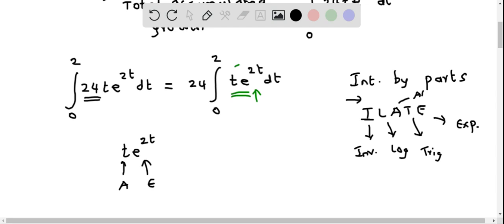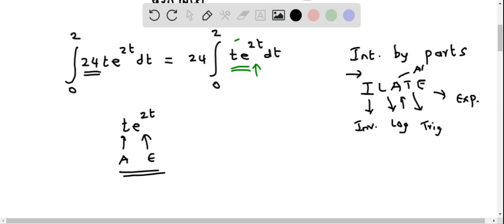So then we move on to the next letter, L, which stands for logarithmic. We don't have logarithmic, so we go for the next one, A, which stands for algebraic function. Here t is the algebraic function, and this means we can choose this t as u.